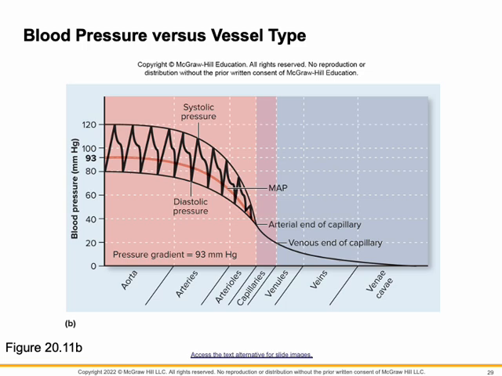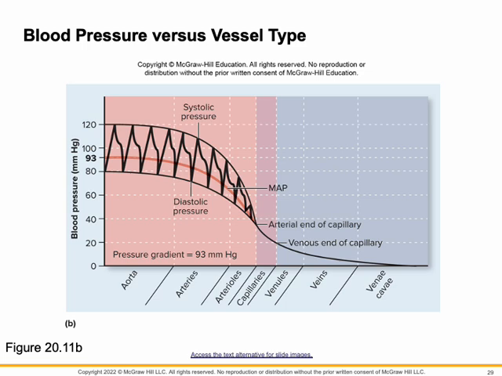This is showing the differences in systolic and diastolic pressure across different types of blood vessels: aorta, arteries, arterioles, capillaries, venules, veins, and then your vena cava. Notice that, in general, your blood pressure, both systolic and diastolic, decreases as you move from the arterial end toward capillaries toward the venous end.